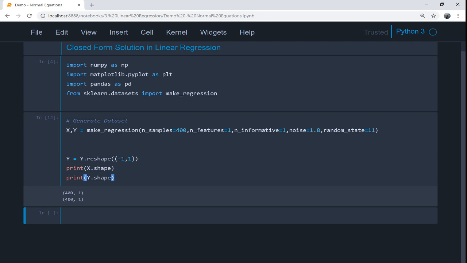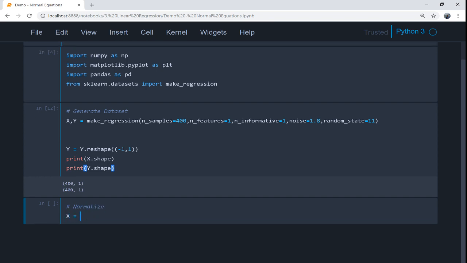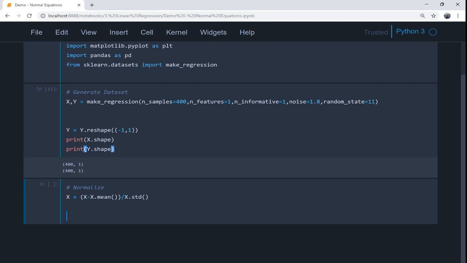Now the next step is to normalize our data set. So let us do some normalization: x minus x.mean divided by x.std. I subtract the mean and divide by the standard deviation, and let us now visualize how the data set looks.